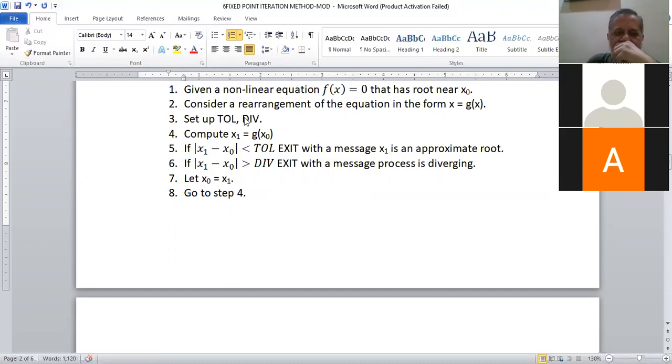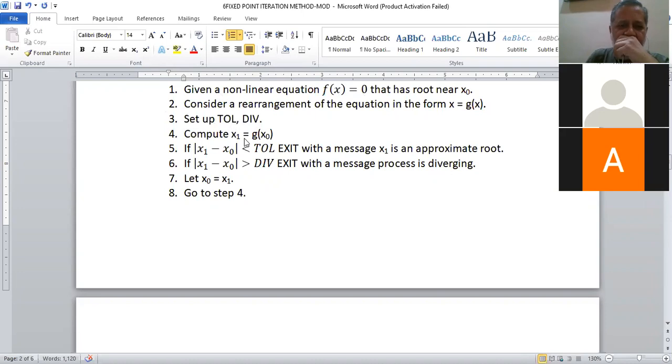We'll see that not all rearrangements of f(x) equal to 0 into x equals g(x) will be converging. Some, rather most of them, diverge, only some of them converge.